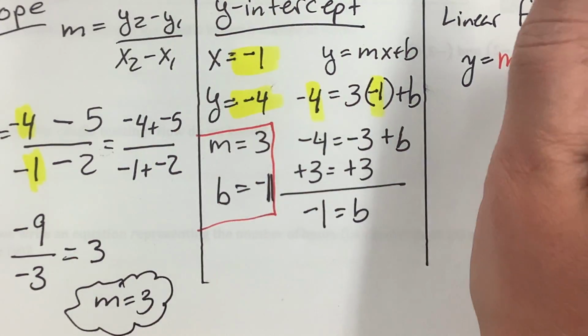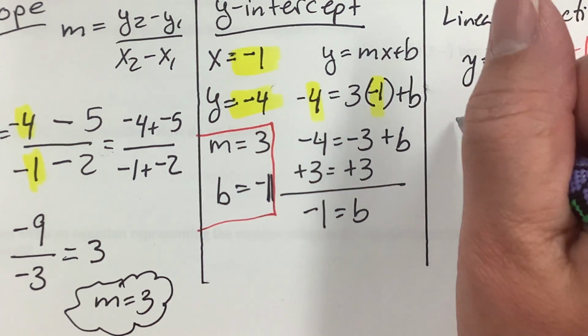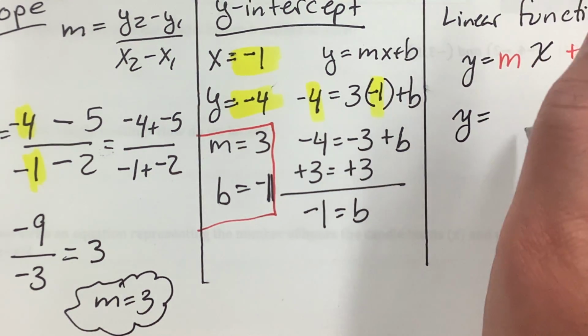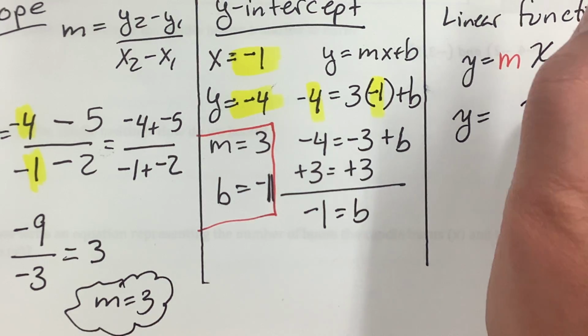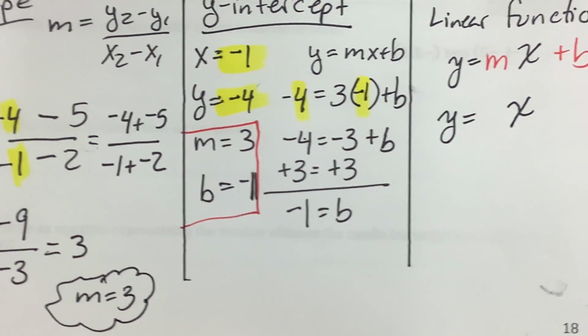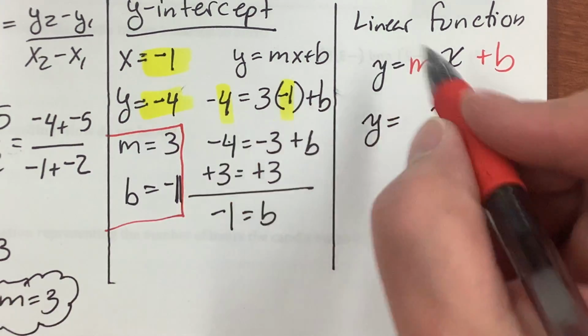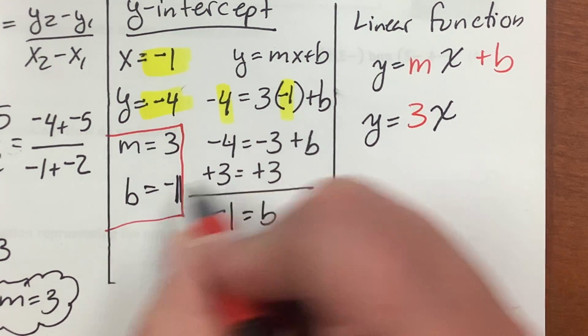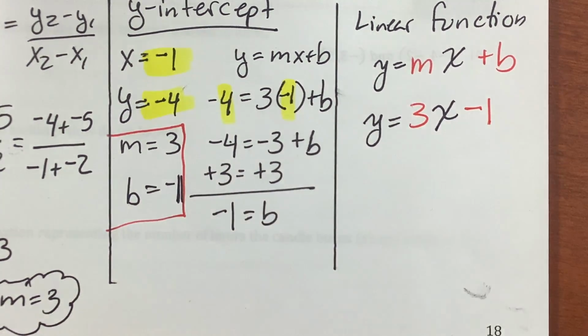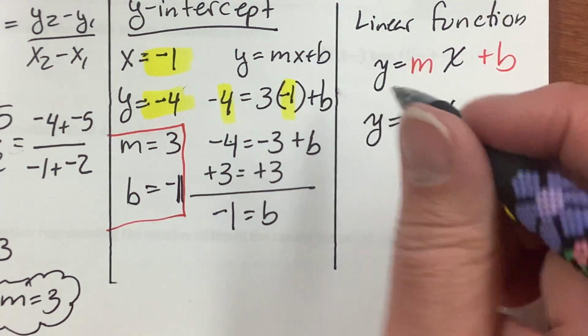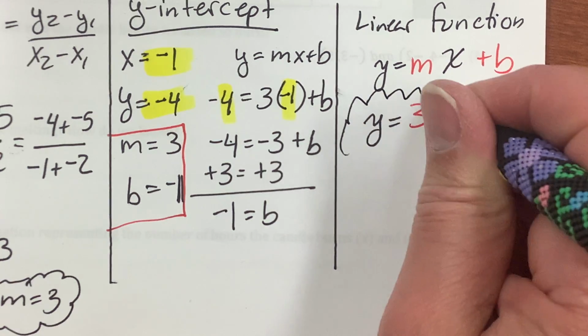I forgot the x. Here we go. So the y stays the same, the equal stays the same, the x stays the same. I'm just substituting the m and the b. m is 3, b is minus 1. So I get y equals 3x minus 1, and that's my linear function.